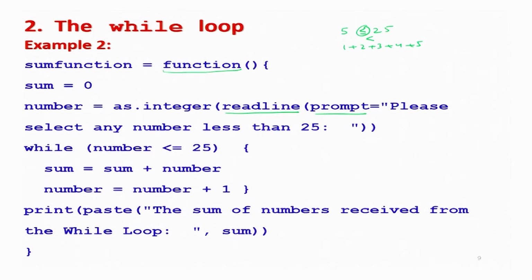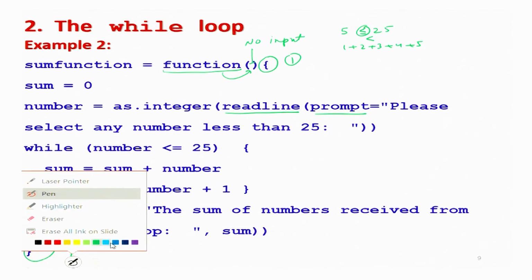Okay. So, I write down a function here, and there is no input here because I am asking for the input inside the program. So, I can leave it blank, but I have to give the parentheses, and whatever I want to write, I write in this curly bracket number 1, right.